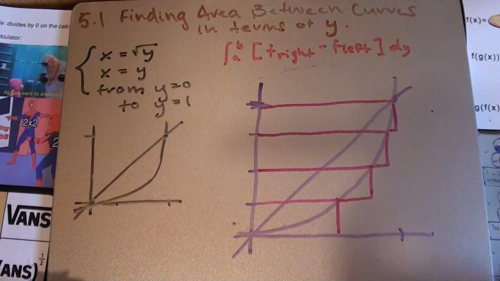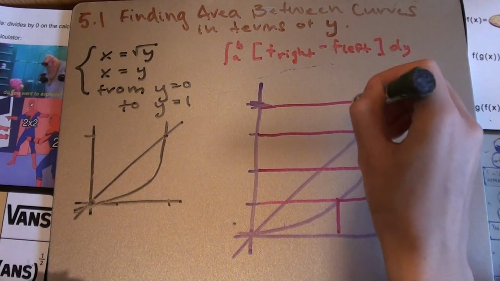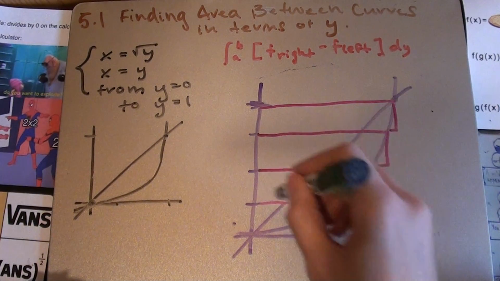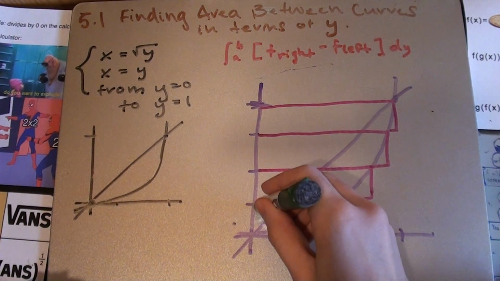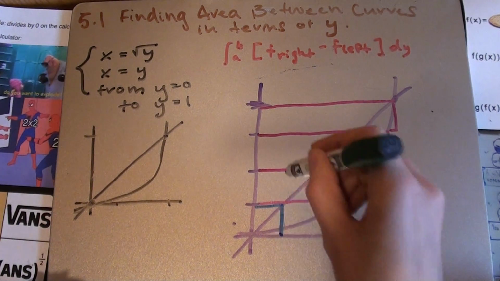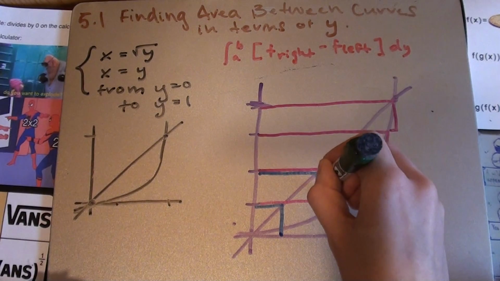But now we see we have two functions, so we're going to have to do this for both functions. So starting from here, we're going to come up to where it reaches our x equals y function. We have another one.